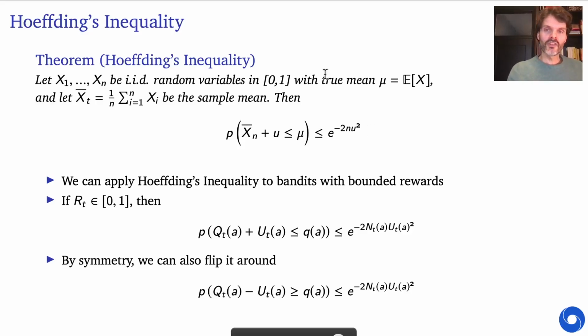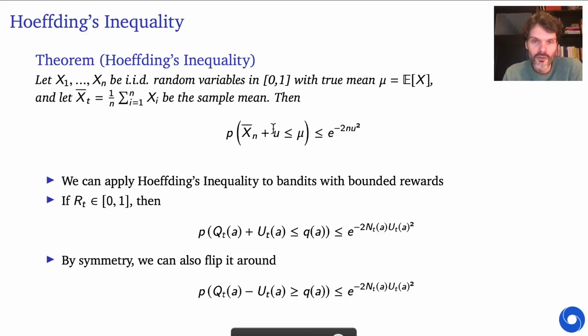And what do we see? This is typically going to be a small number, and it's going to be smaller and smaller the larger either n is or u is. And this makes intuitive sense. The more numbers we have in our average, the less likely it is that if we then add an amount, this is still going to be smaller than the actual mean. We're quite likely to be within u of the actual mean if we have enough numbers in here.